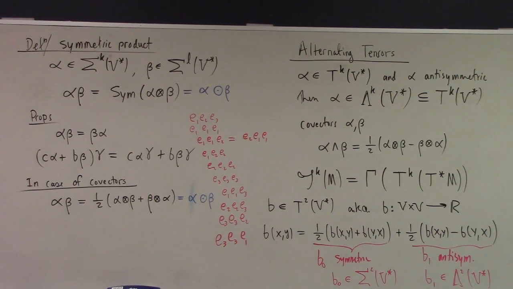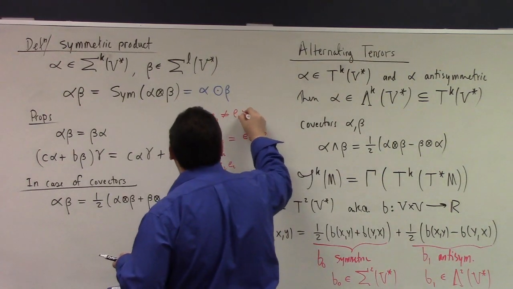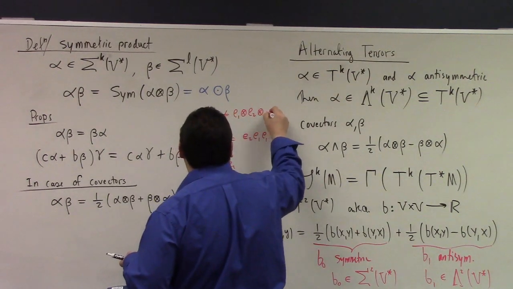So one of your homework problems is to show that, I think it's E1 tensor E2 tensor E3 is, see, this is not equal to, right? This is not equal to E1 tensor E2 tensor E3, right?